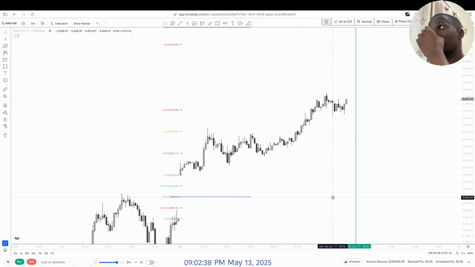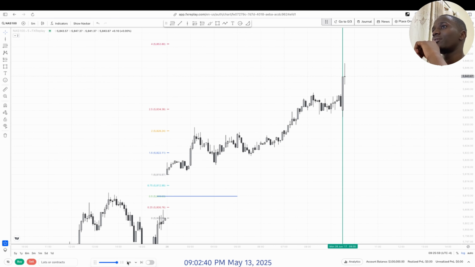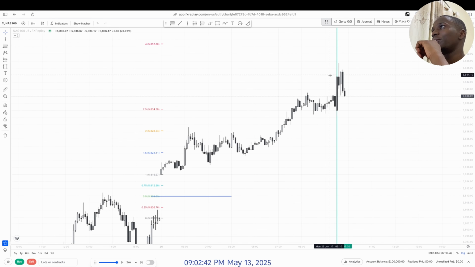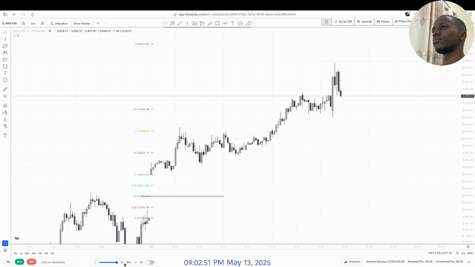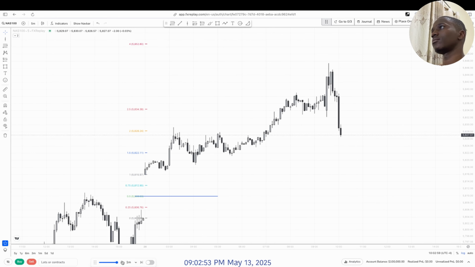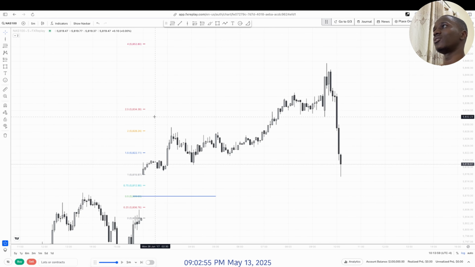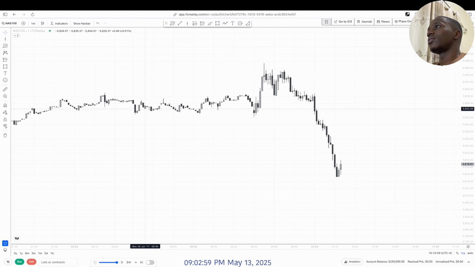See it pushing higher. Draw lower. Okay, so by New York open it pushed higher, did a crazy push to the upside, and then started dropping. A bloodbath, literal bloodbath. Let's wait for an entry.